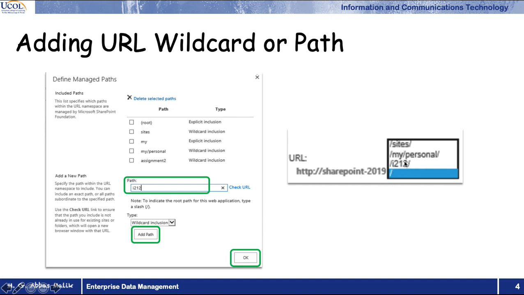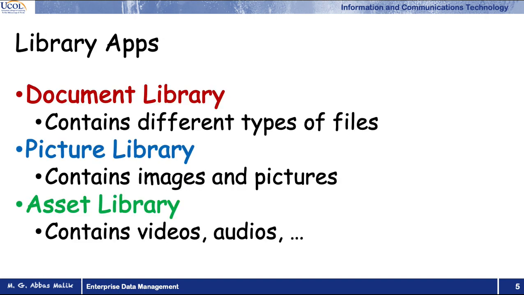So you can select this one, and then we can have something like SharePoint 2019/I212/test1/sales team site, or the ICT team site, or the business team site, and so on. So you can customize your URL according to your requirement. This is the wildcard. This is how you can handle your customized URLs.